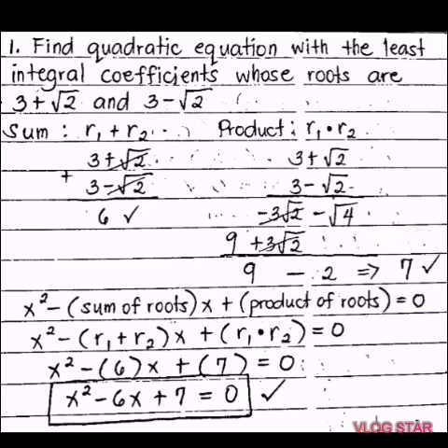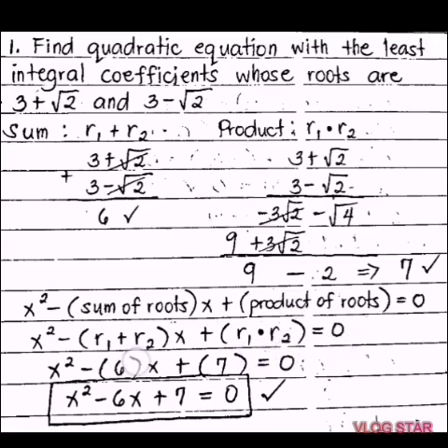After getting the sum and the product, write the form like the one that we used before: x squared minus the sum of roots times x plus product of roots equals 0. So bring down x squared minus r sub 1 plus r sub 2 times x plus r sub 1 times r sub 2 equals 0.